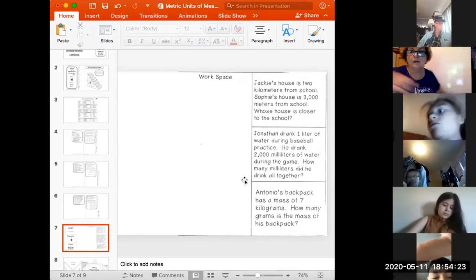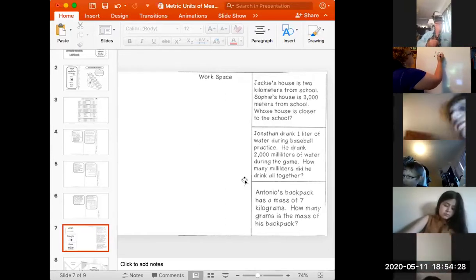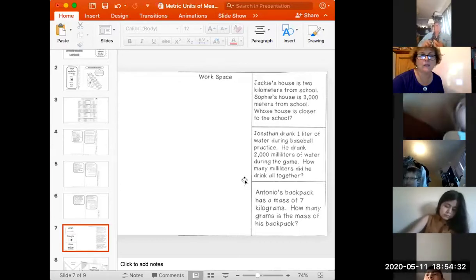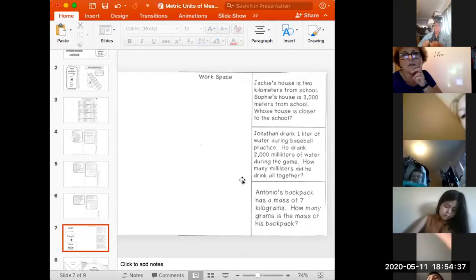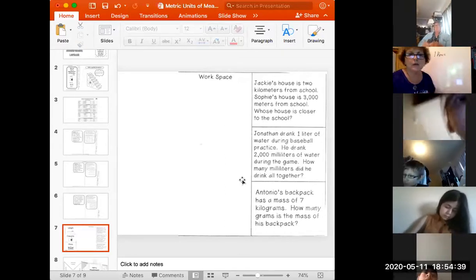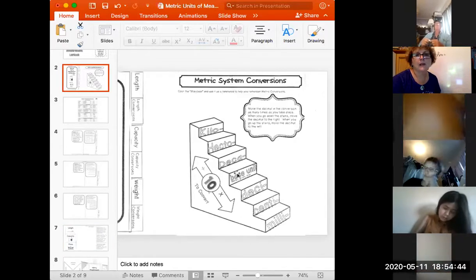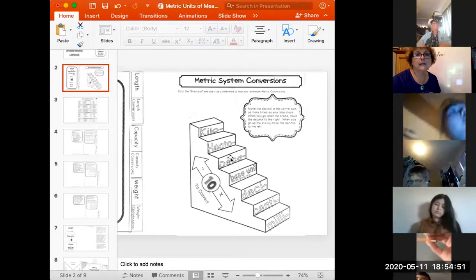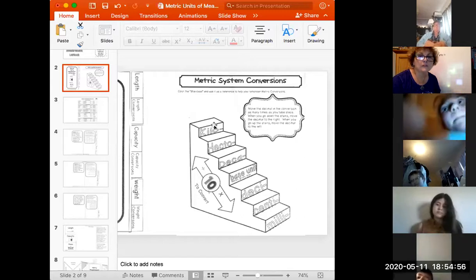Okay? So if we have 1 kilometer, how many meters is that going to take? How many meters does it take to make 1 kilometer? Remember when we said it on the scale that we had earlier? Back up here. I'm going to go back up to this. Look here. See this base unit of meters? Do we multiply by 10 times, 100 times, 1,000 times?